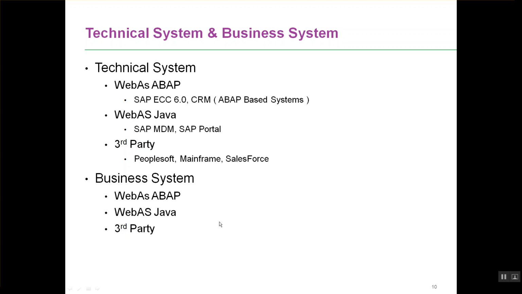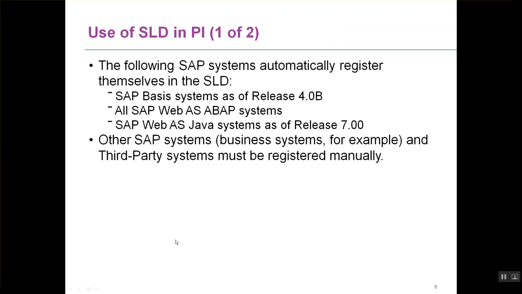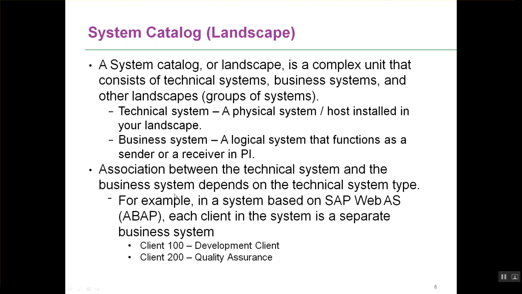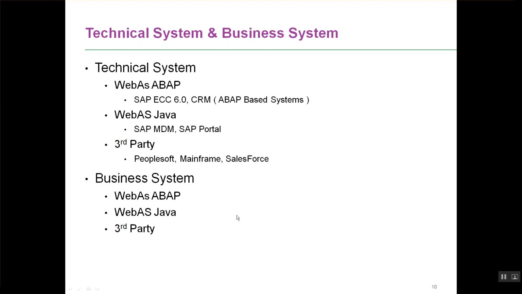Your Java systems have a 1:1 correlation between technical system and business system, and likewise for the third-party system where the correlation is 1:1. Okay. So this is what is mentioned here. A technical system is a physical system, a business system is a logical system. An association between the technical system and the business system depends upon the technical system type. In an SAP web-based ABAP system, each client can have one particular business system, whereas in the case of a Java system, it is a 1:1 relationship.